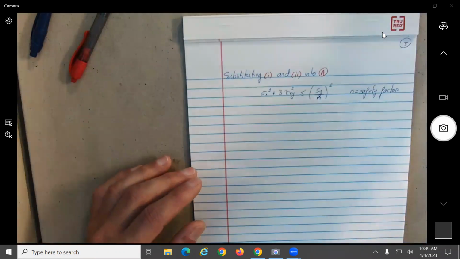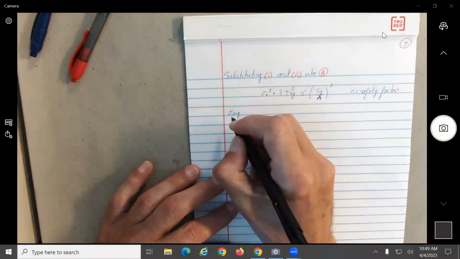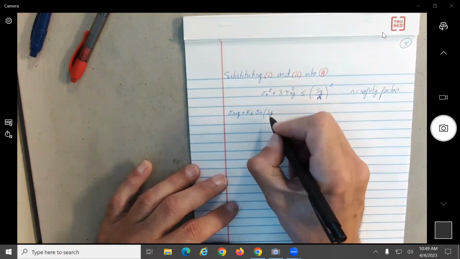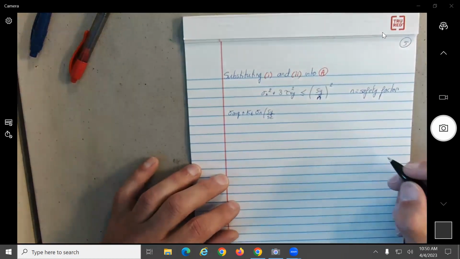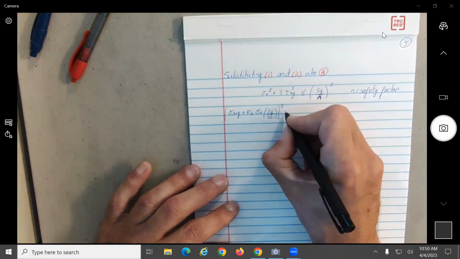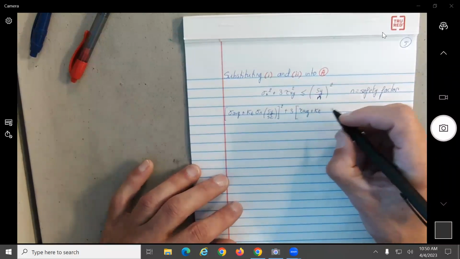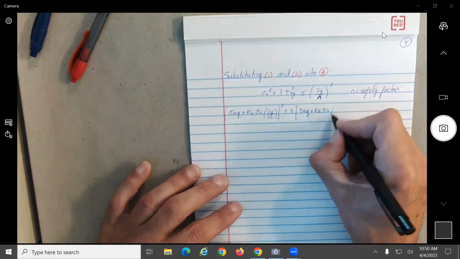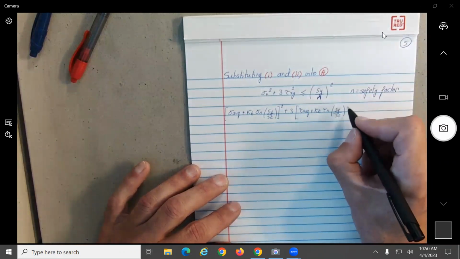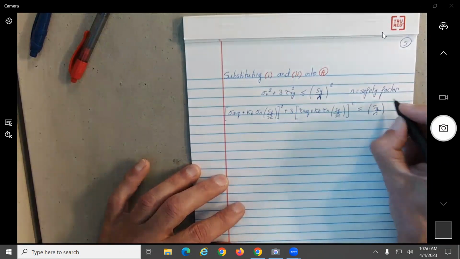This gives us sigma average plus K sub t sigma sub r, S yield over S endurance, everything squared, plus 3 times tau average plus K sub t tau sub r, S yield over S endurance, everything squared, needs to be lower or equal to S yield over the safety factor squared.